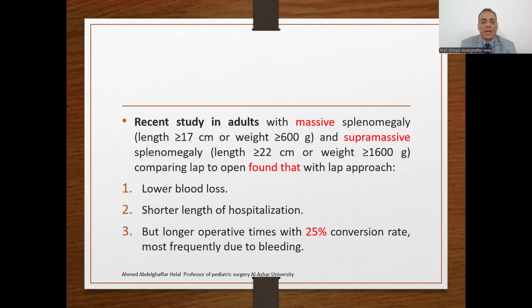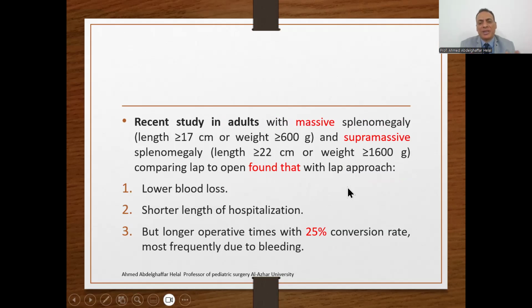of stay. A recent study in adults with a massive splenomegaly determined massive as a length more than 17 and a weight more than 600, and supramassive, usually related to tumors, which is actually very rare in children, as a splenomegaly more than 22 or weight more than 1,600 grams.